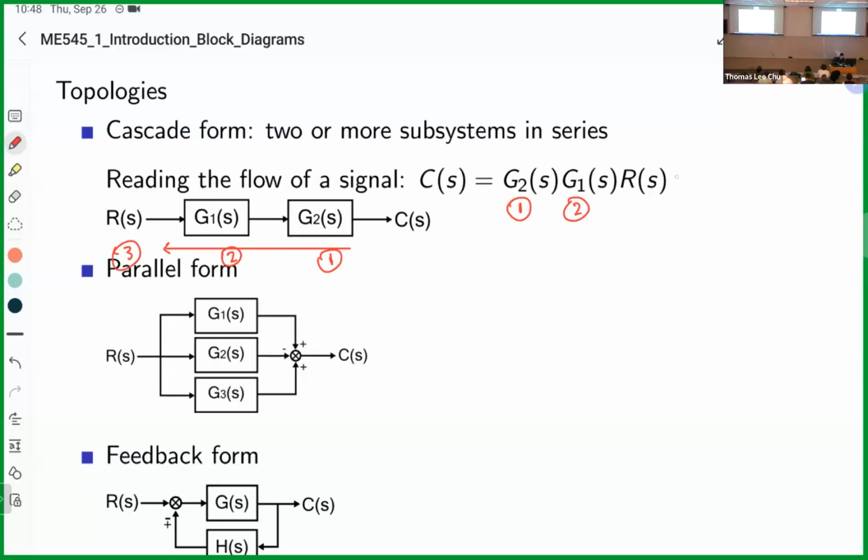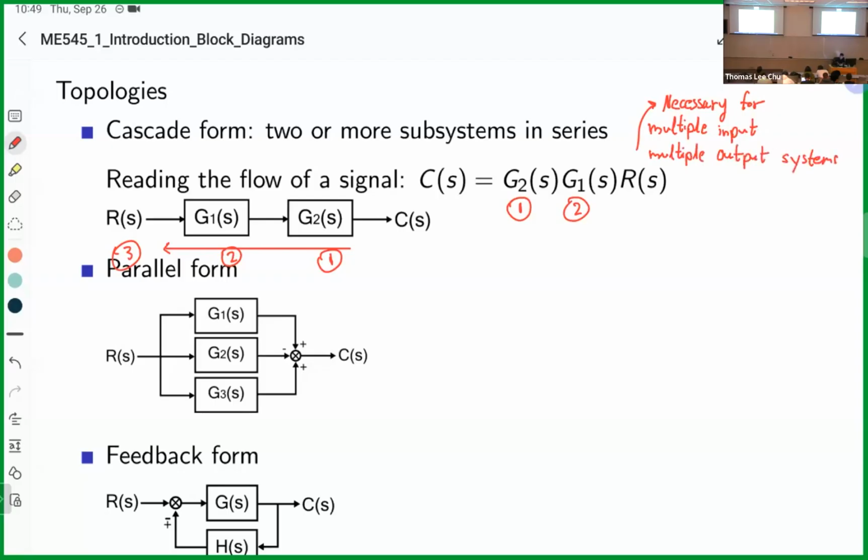This is necessary for MIMO systems. When I say MIMO, it means multiple input, multiple output systems.